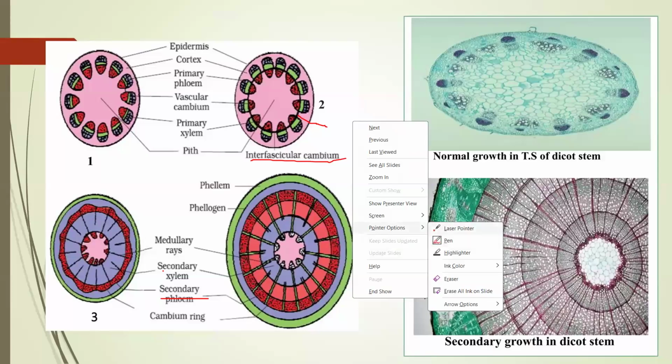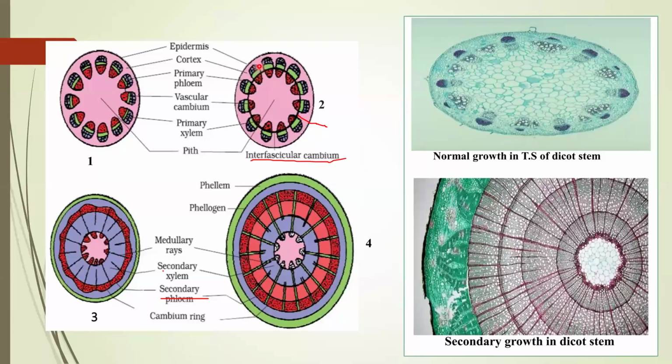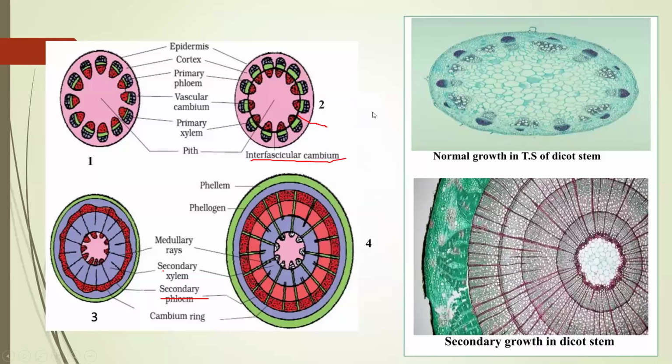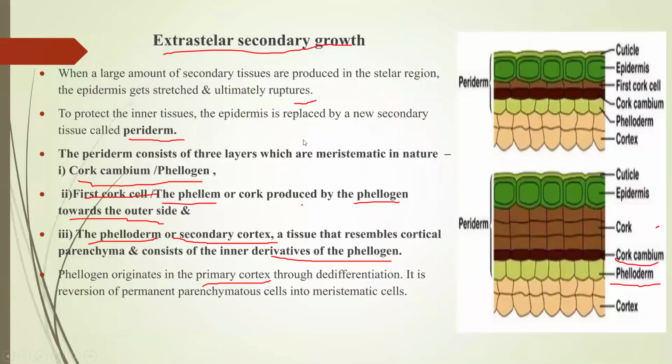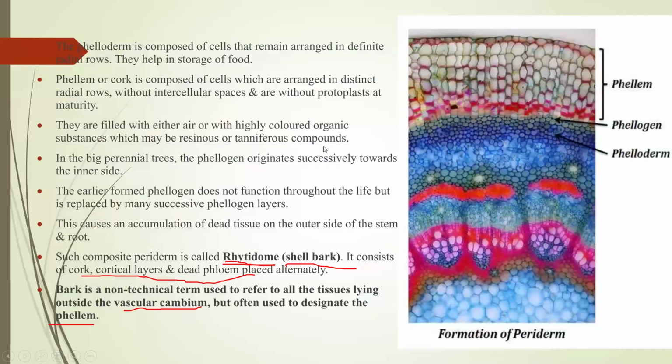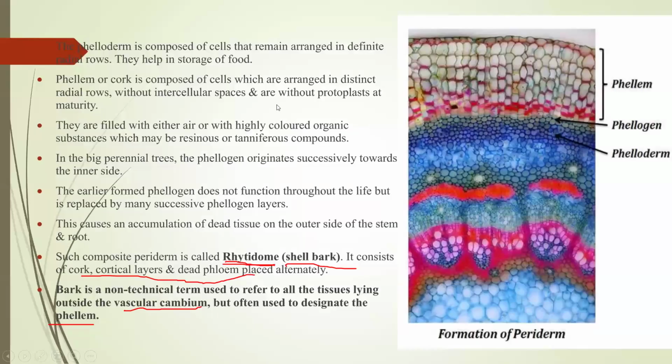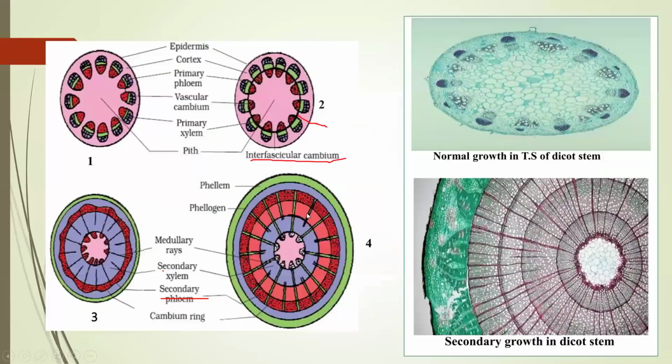Okay, so this is the vascular bundle. During secondary growth, what happens? The red color one is the xylem, and this one is the phloem.